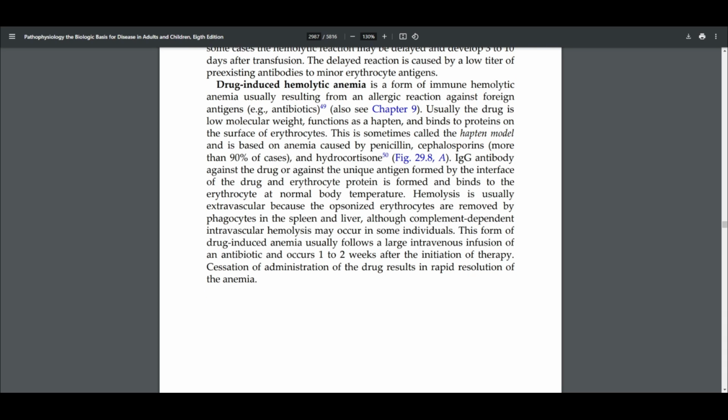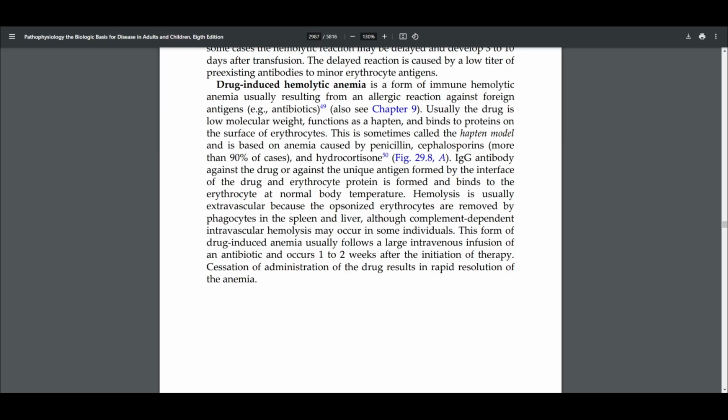Drug-induced hemolytic anemia is a form of immune hemolytic anemia, usually resulting from an allergic reaction against foreign antigens. Usually, the drug is low molecular weight, functions as a hapten, and binds to proteins on the surface of erythrocytes. This is sometimes called the hapten model and is based on anemia caused by penicillins, cephalosporins, and hydrocortisone.